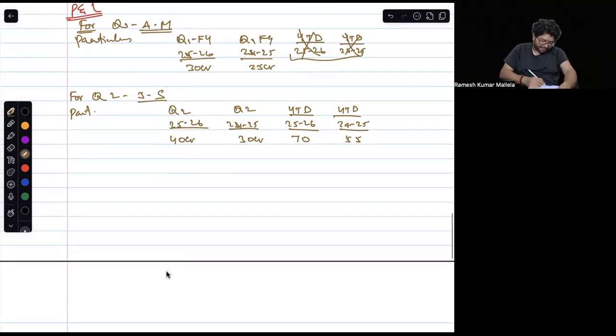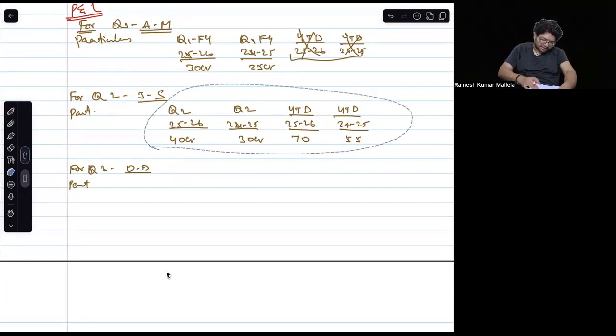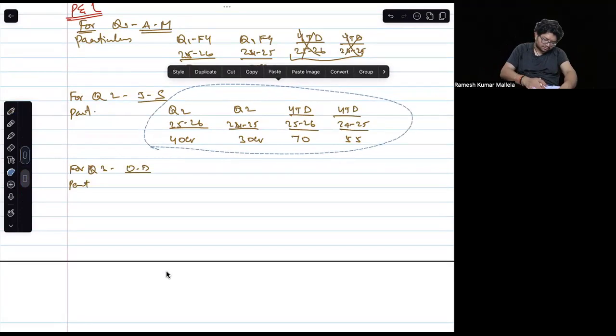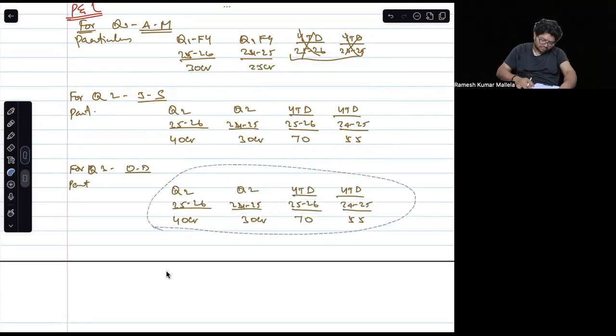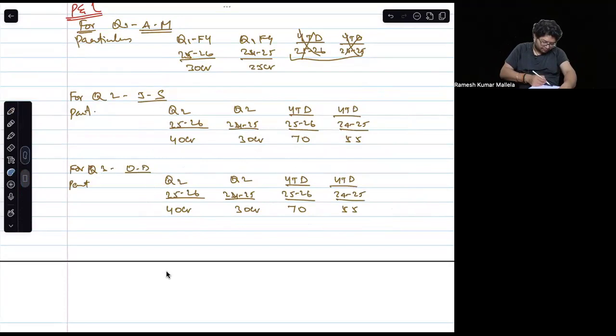Then for quarter 3, that is October to December, again particulars ditto whatever you are seeing here will continue. Instead of quarter 2, it is going to be quarter 3. Clear?